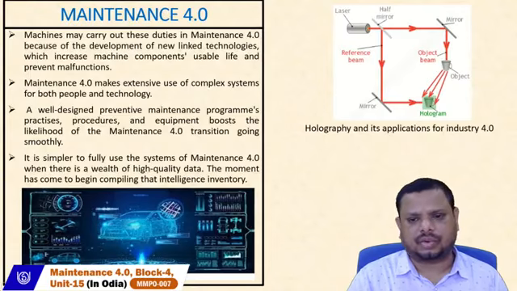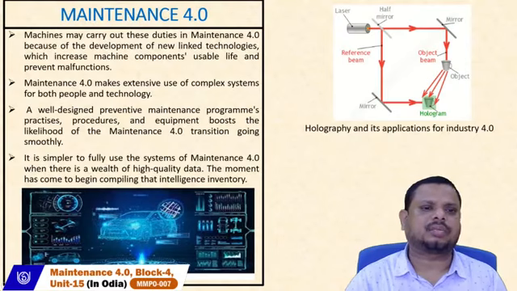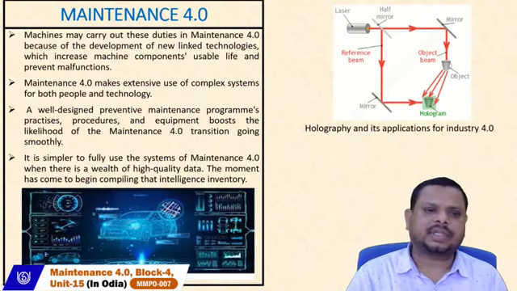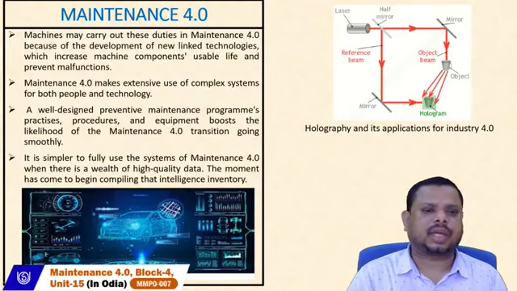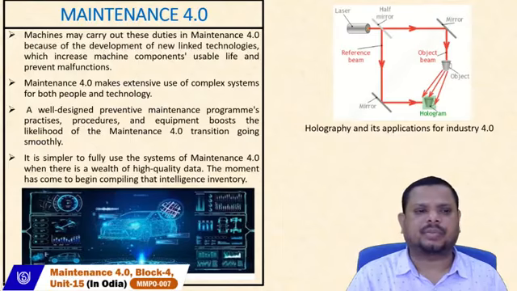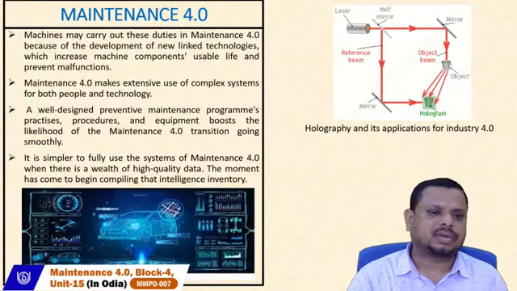The concept and objective of maintenance 4.0 are dedicated to machines, and the machines perform the duties under maintenance 4.0. So whenever you link this technology with the machines, automatically malfunctions are reduced and the lifespan of machines is increased.